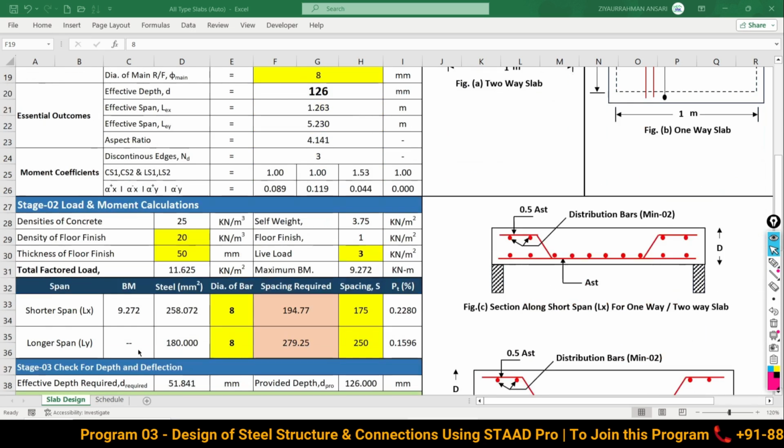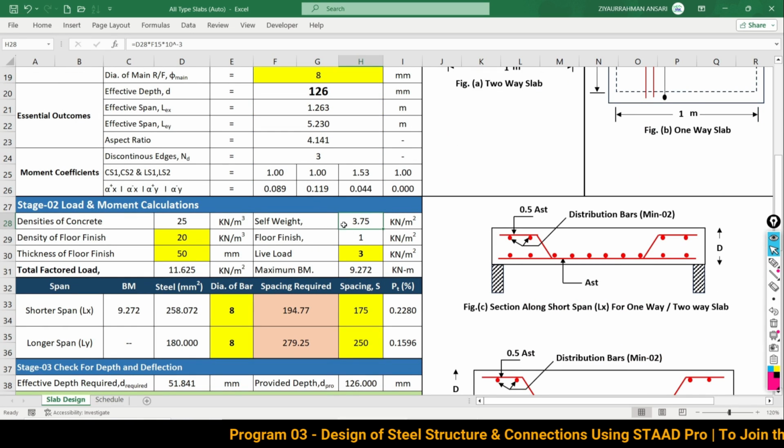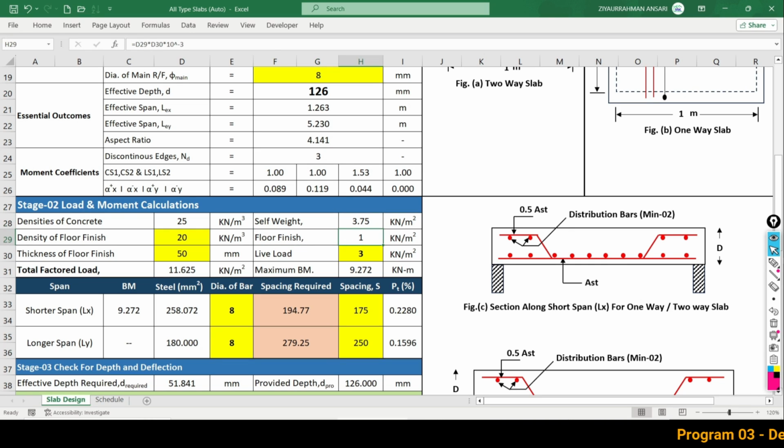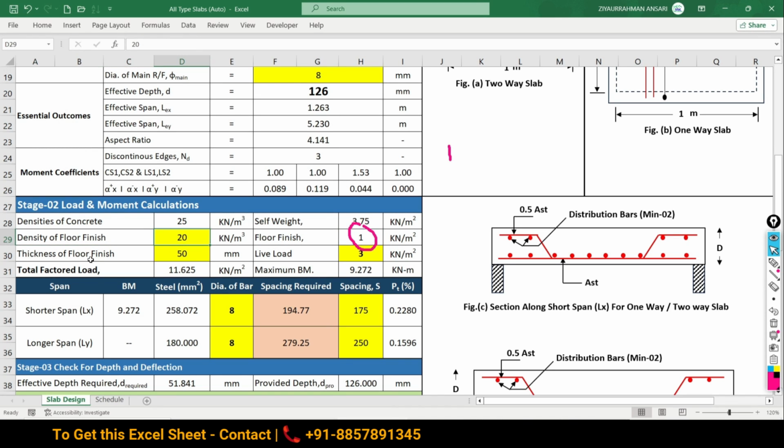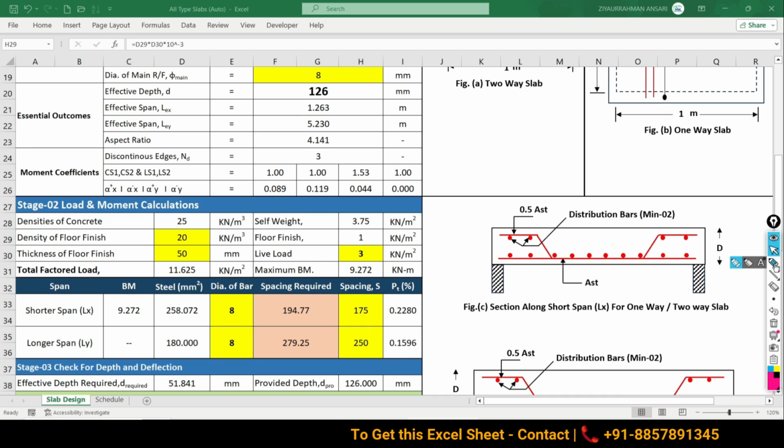You don't need to edit anything in the white cells. Okay. Now moving forward, we have to set the loading. So self load of the slab is going to become 3.75. Floor finish we have to adjust here as per the problem statement. In our problem statement, it is given that the floor finish is 1. So you have to put the values here, density of the floor finish and thickness of the floor finish, such that this output should be as per your requirement.